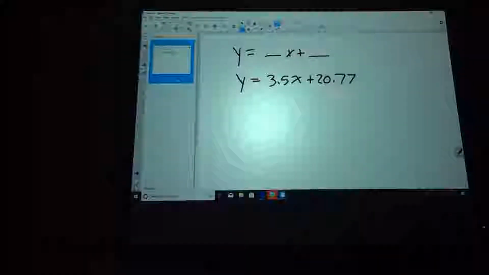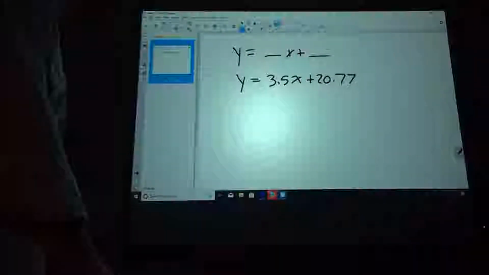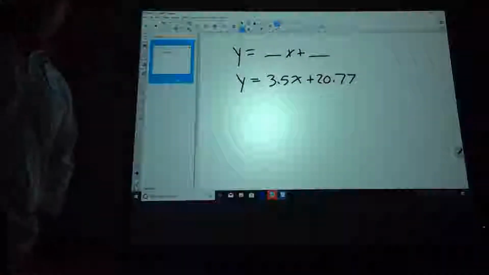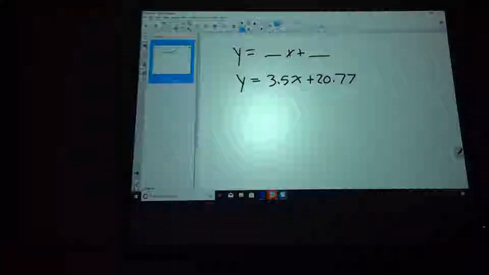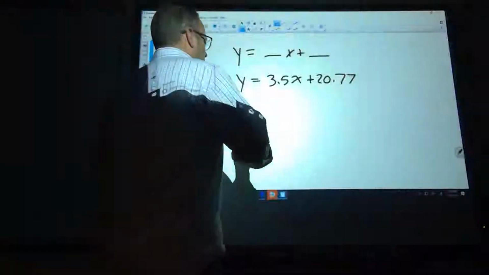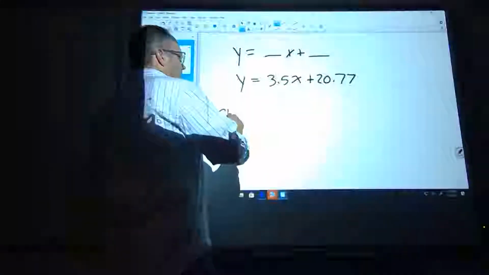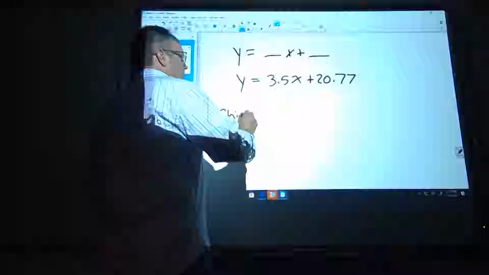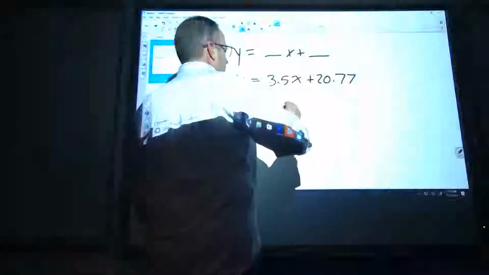Okay, this was the equation from yesterday with the chirping crickets. If we recall, as the temperature increased, crickets chirp more per minute than if the temperature decreases. So this is chirping per minute.